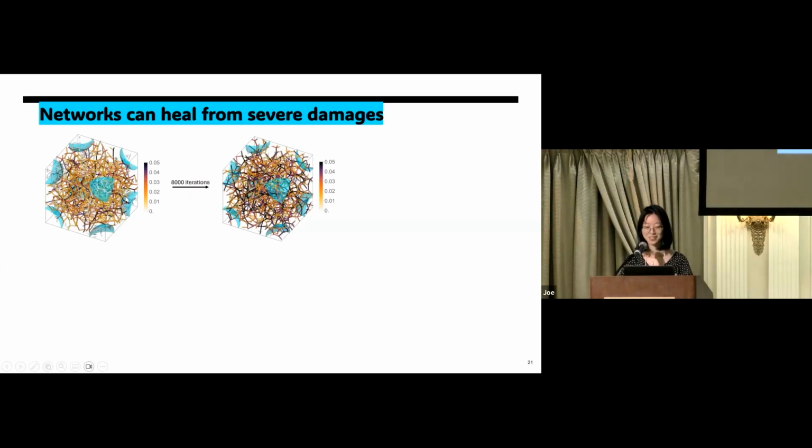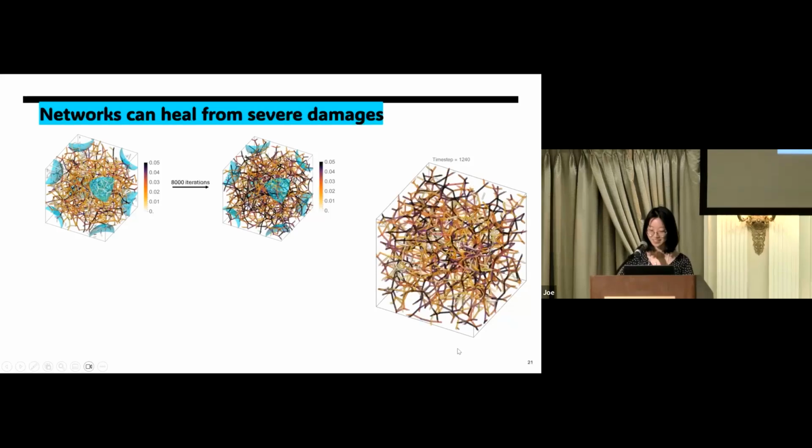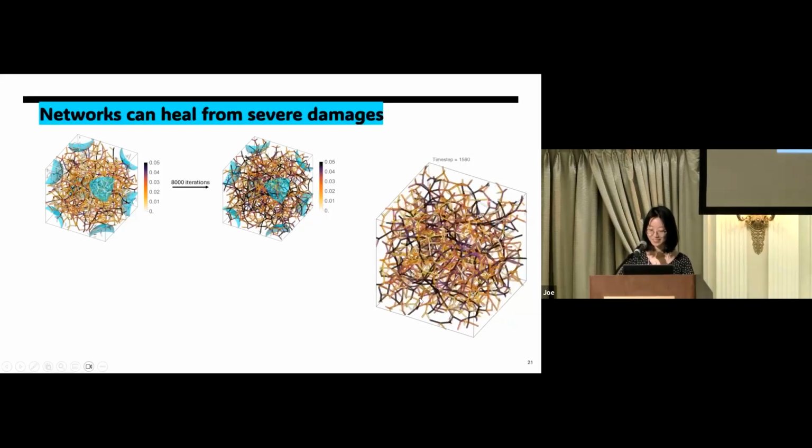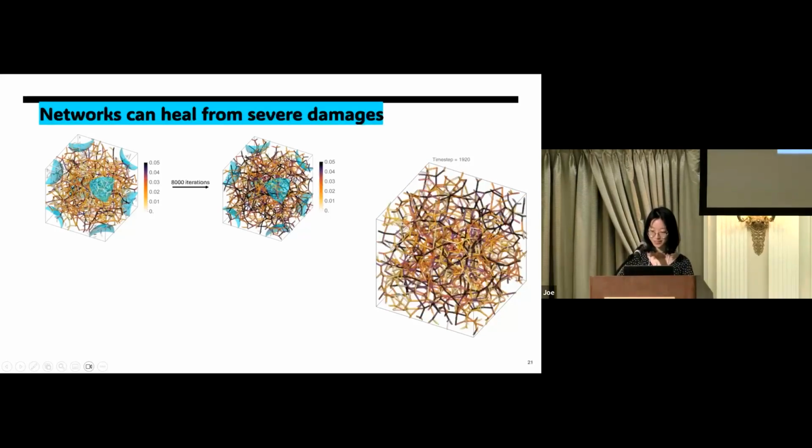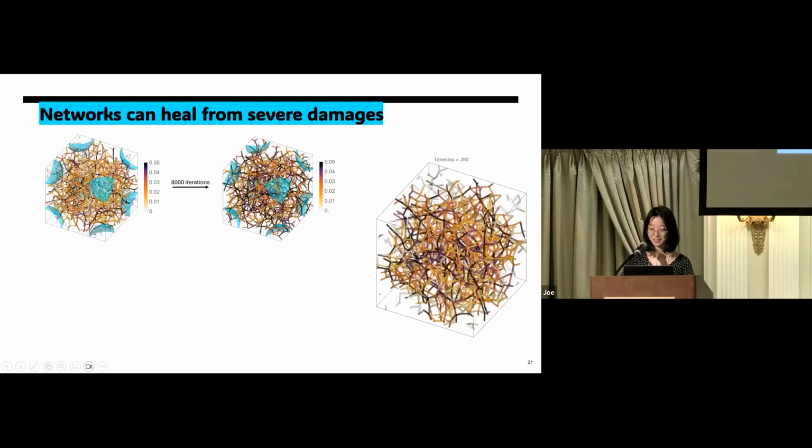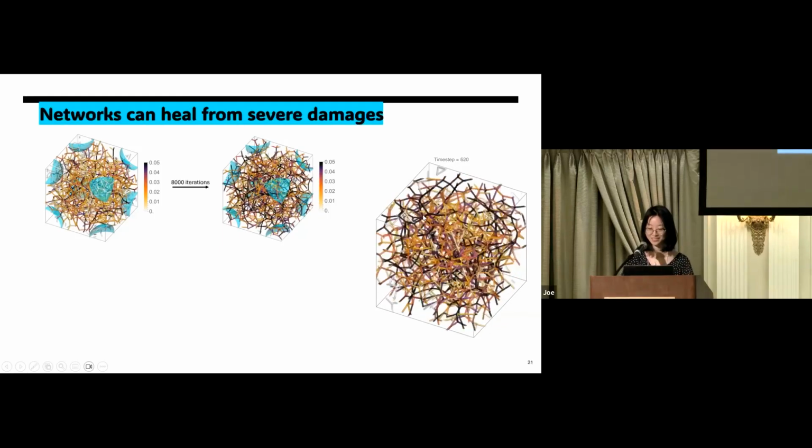To give it severe damage, I created a tensionless hole where everything is taken apart within a hole whose diameter is a third of the box side length. So that's a really large hole. And after 8,000 iterations, it completely restores to the previous steady state. So here is a video where we see that there was initially a hole that has been recovered, healed.